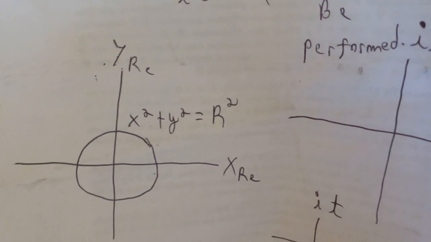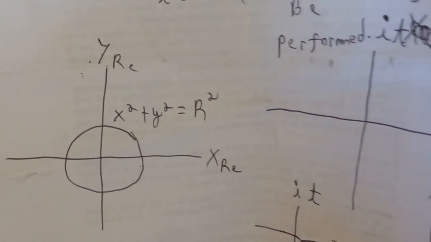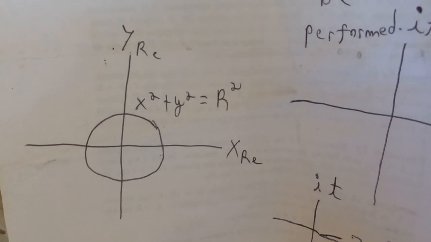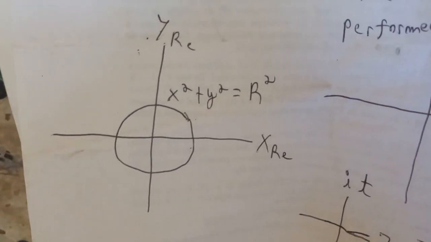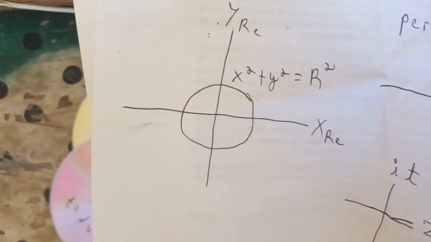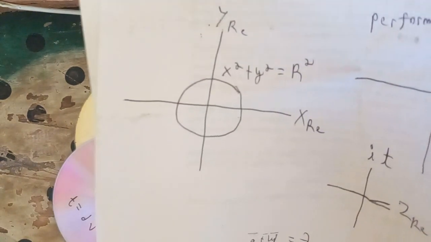What do we gain from 2 to 3 dimensions? Before I move on, if you have motion in 1 dimension, you need 2 variables. You need x for the displacement, and you need t for time.